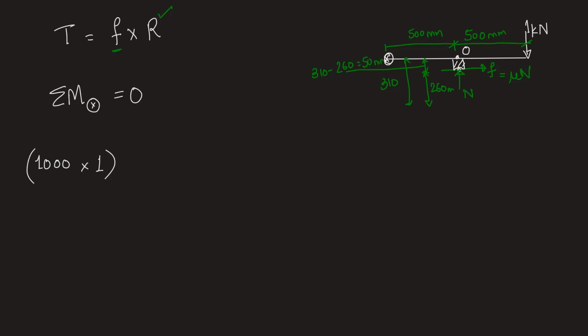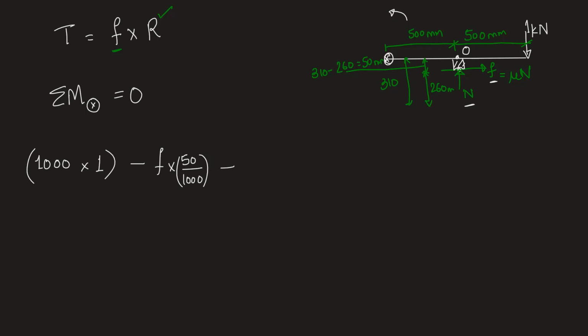This is positive. Then friction force F creates an anti-clockwise moment, which is at 50 millimeter vertical distance. So we can take it as minus F into 50 millimeter. We can write this as 50 by 1000 meter. And we also have the moment created by N, which will also be an anti-clockwise moment.